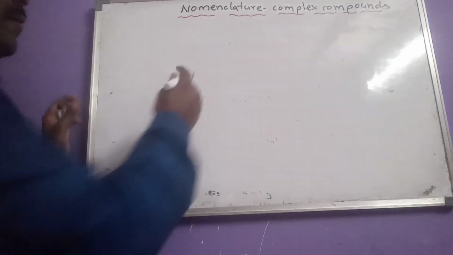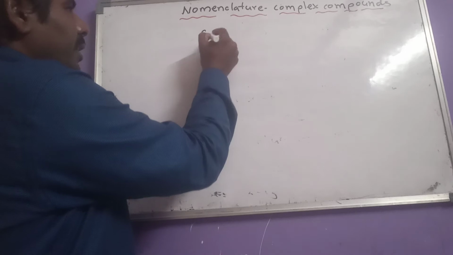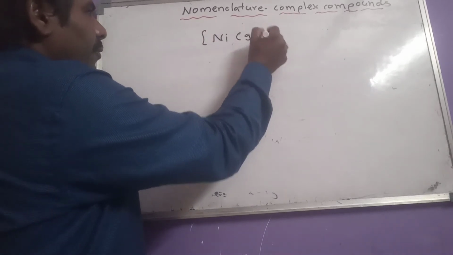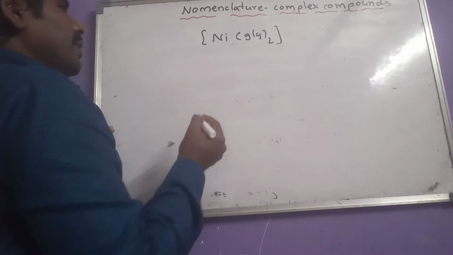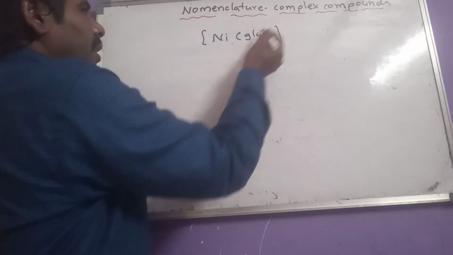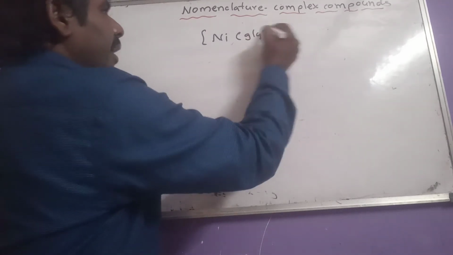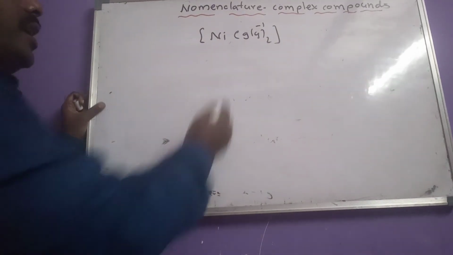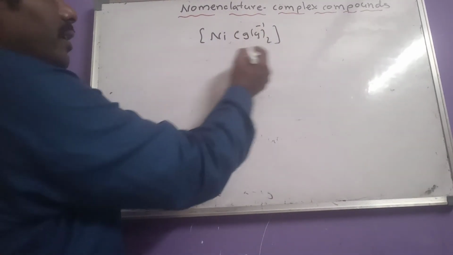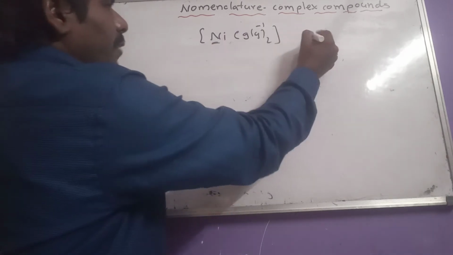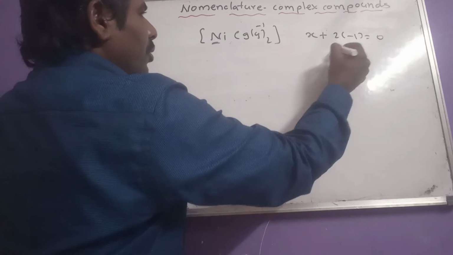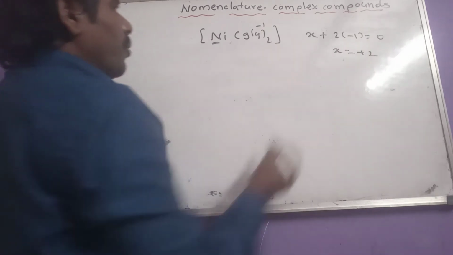So see one example here. What is that? Now Ni(gly) taken twice, and of course glycinate has which charge? Minus 1 charge. As two glycinate ions are here, the oxidation number of nickel is X plus 2 into minus 1 equal to 0, so X equal to plus 2.